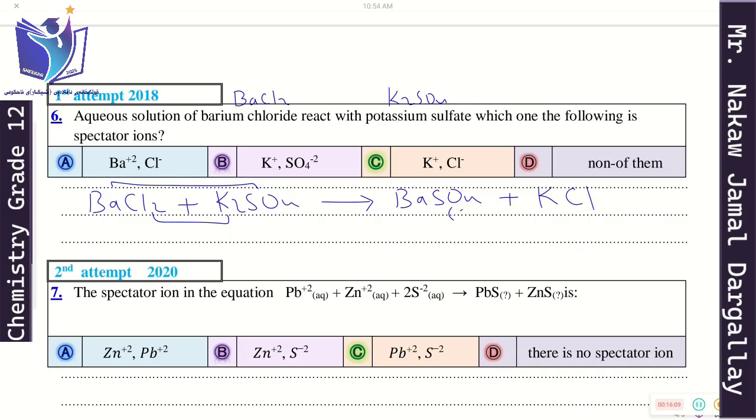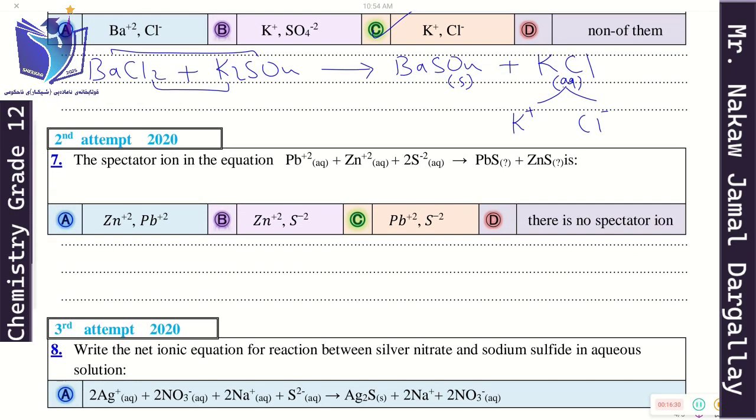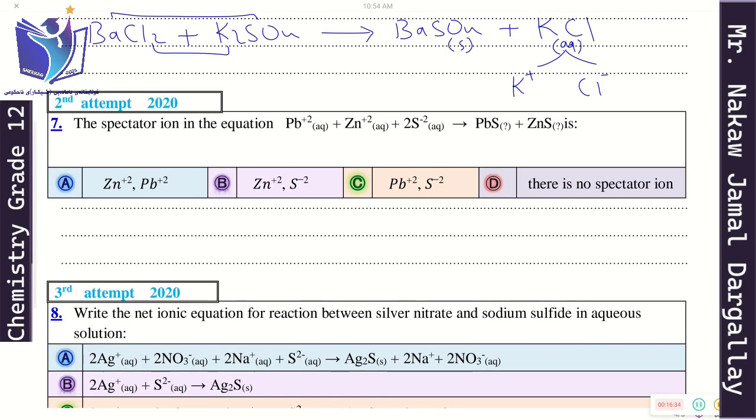BaSO4 is insoluble in water. KCl is soluble in water. For the spectator ions, we can find them from the aqueous product. So K positive and Cl negative are spectator ions. Correct answer is C.